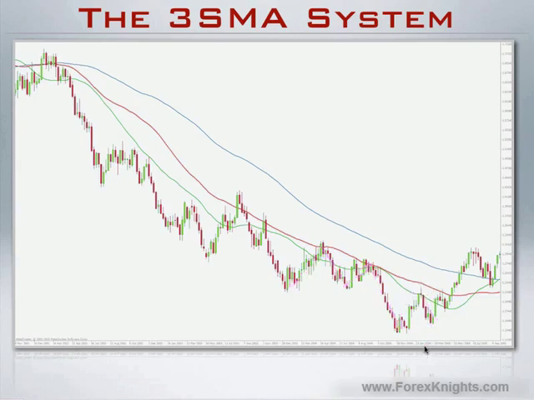Well, the 3 SMA system basically is going to be searching for trading opportunities as price retraces back to this hot area, this hot band, this area I am marking here between the 30 and the 50 simple moving average, and as price begins to bounce in the direction of the trend, that's where we are going to be searching for our trading opportunities, again, to profit from these bounces of that dynamic area.